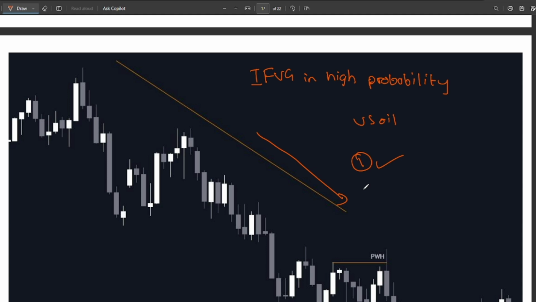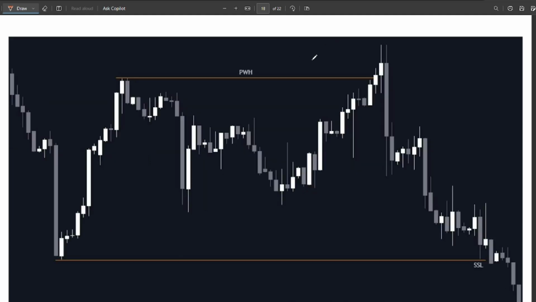Now let's move on to our second and third conditions. Here you can see on the lower time frame, we took out the liquidity on a red folder news. This candle was a red folder news and the liquidity was swept. So our second condition was satisfied and the third condition was also satisfied. So now let's look to execute using inverse fair value gaps.